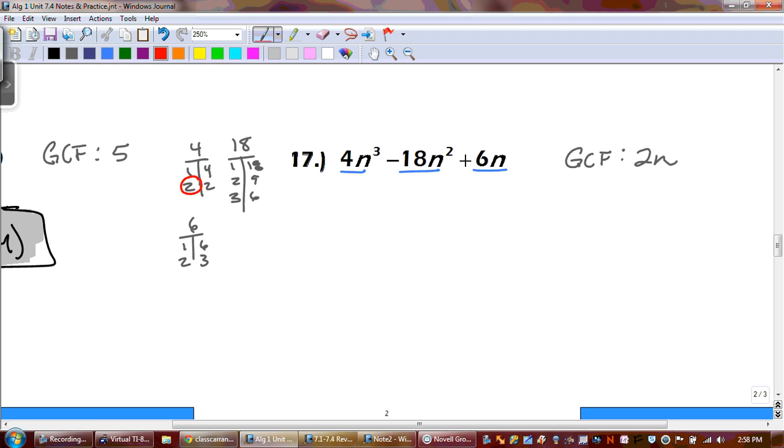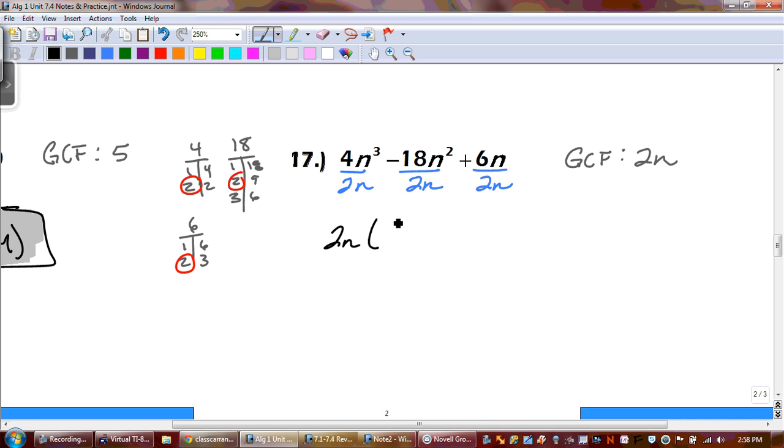And if you find out the greatest number they all have in common is 2, okay? And it's n because the lowest one is n to the first, okay? So I'm going to divide everything by 2n. So my GCF comes out front, and then we divide.